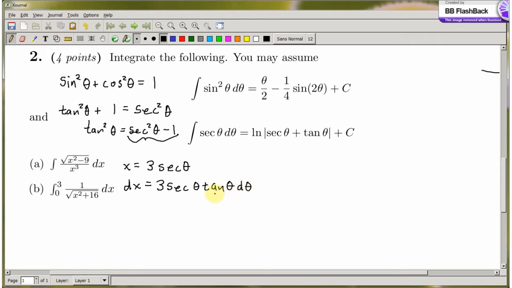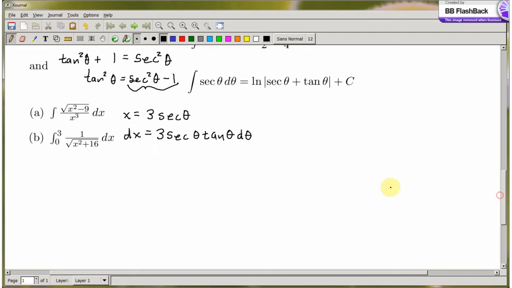Okay. All right. So now I have a completely new integral. So let me copy everything over. So x has now become 3 secant theta, so on top I have the square root of 9 secant squared theta minus 9. Okay, and on the bottom here I have x cubed.